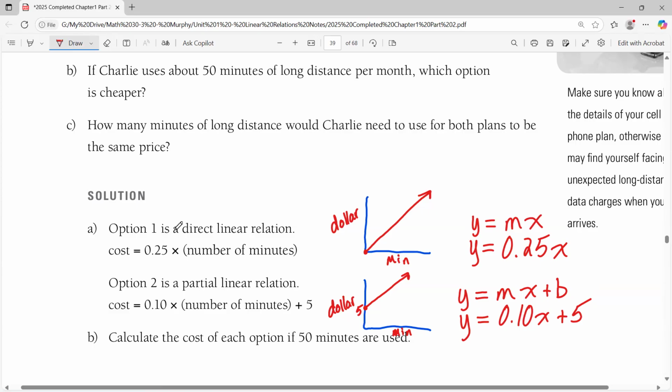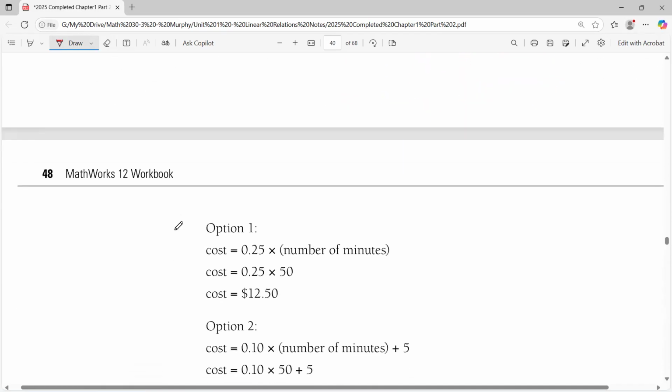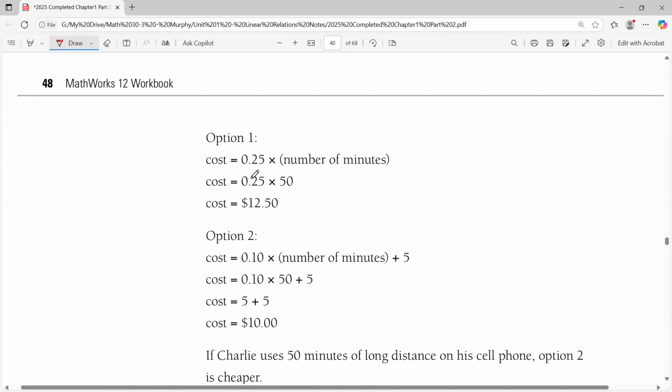B, if Charlie uses about 50 minutes of long distance per month, which option is cheaper? Well, option one, 25 cents times 50 minutes is $12.50. Make sure in your calculator you put 0.25 times 50.